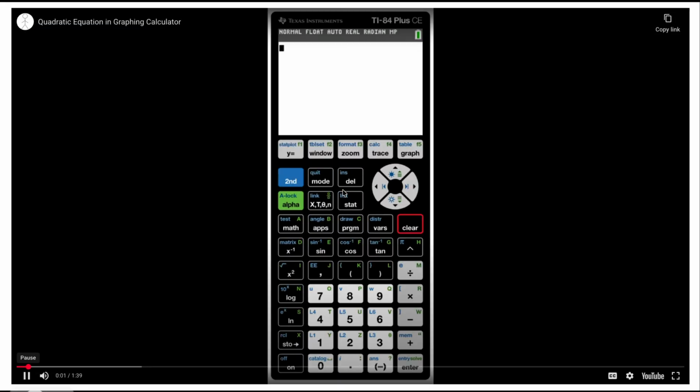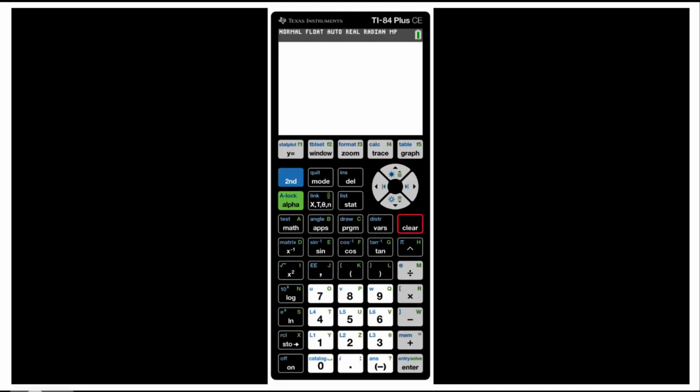Okay, so we are going to plug this quadratic formula into our calculator. So our first term is negative b, which is negative 6. We're going ahead and going to solve it with the plus first. So plus, then we're going to write the square root. We're going to have an open parentheses for all of these operations, and then an individual open parentheses around each little set of like operations.